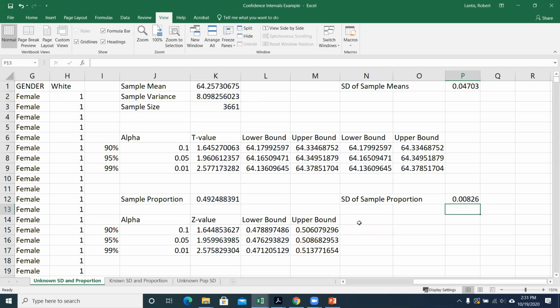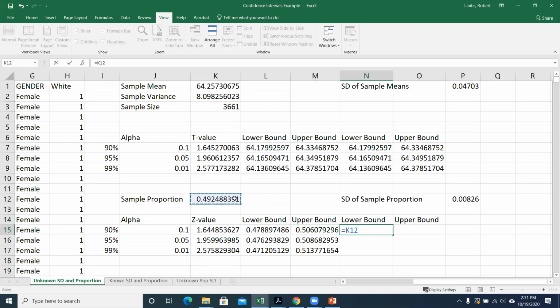Then for my lower and upper bound, copy and paste these over. My lower bound would have been my sample proportion minus that z value, the number of standard deviations I want to go away from that sample proportion, times what the standard deviation of my sample proportion actually is.